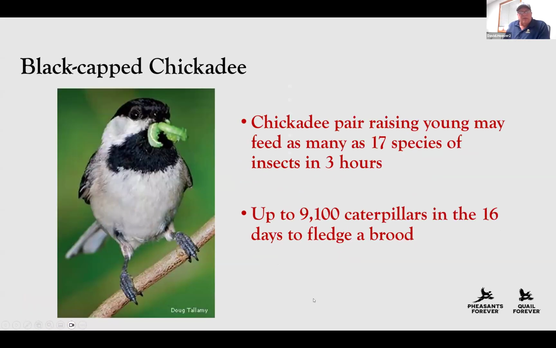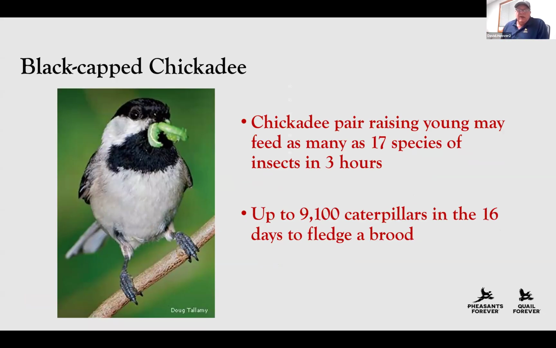If you just look at the black-capped chickadee, a very common species here in the Midwest, one pair raising their young, in just 3 hours of foraging time, might collect caterpillars from 17 different species, and that may come off just a few trees, a little stretch of riparian woods.